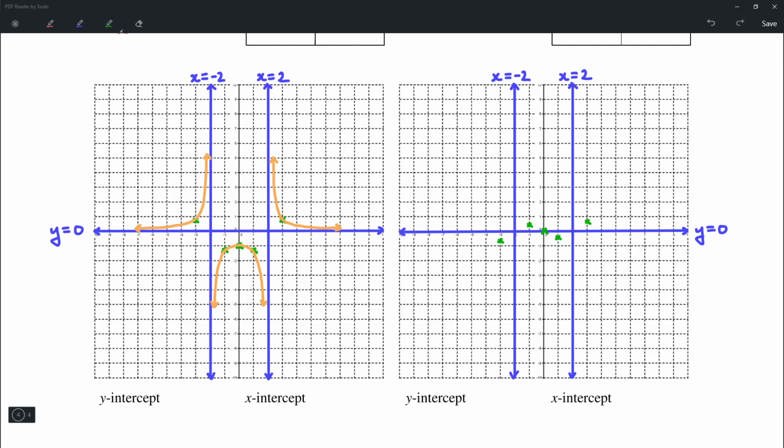And once again, we're going to connect the points with a smooth curve and using the asymptotes. So this graph will have 3 parts, just like the last one.